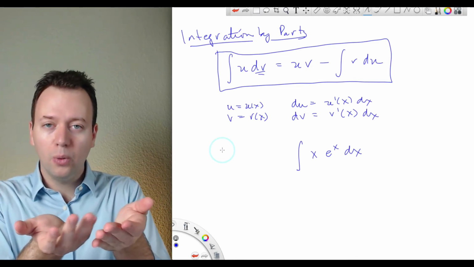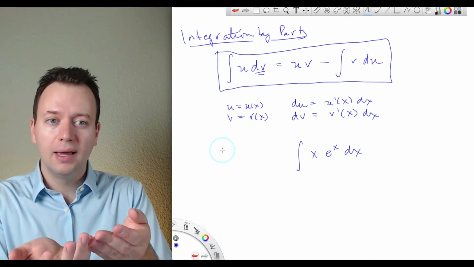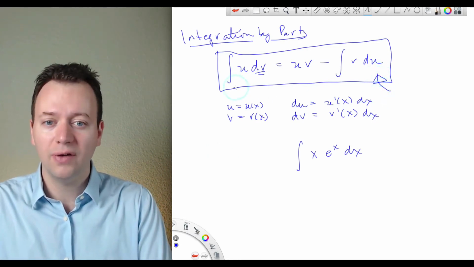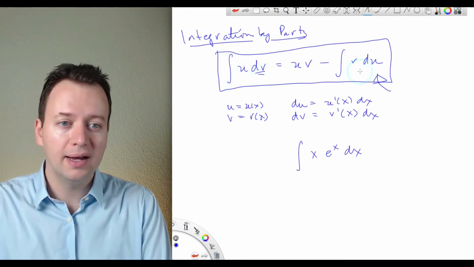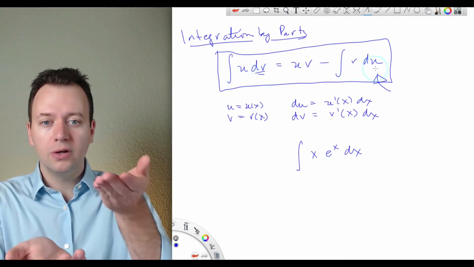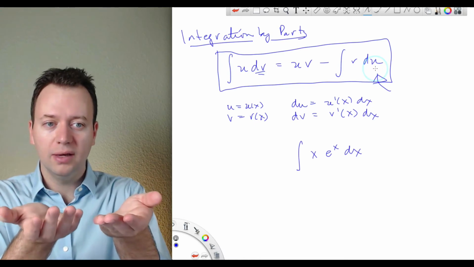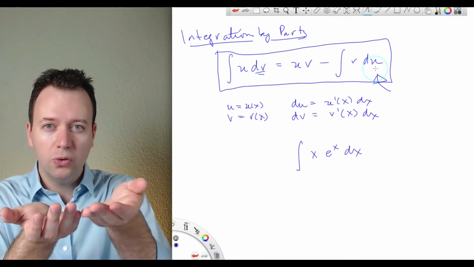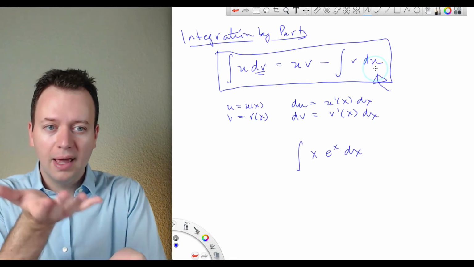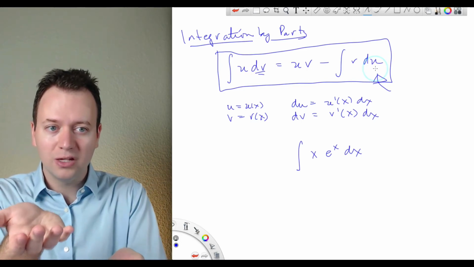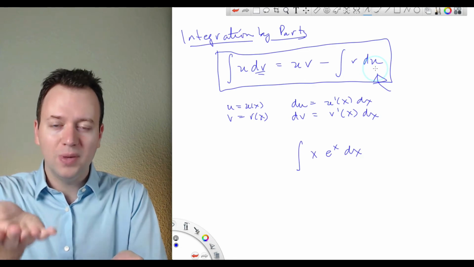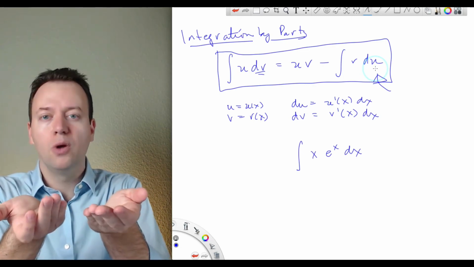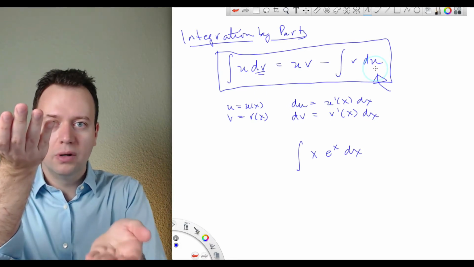So we replace this with u times v, and then on the right-hand side we end up with a second integral. So instead of having an integral of u dv, we end up with an integral of v du. So here's my function u, here's dv. So instead of having u, I'm replacing u with du. So u is differentiated and it's moving down. And dv is replaced with v. So dv is being integrated, it's being moved up. So basically you have u times dv, and you're replacing it with du times v.